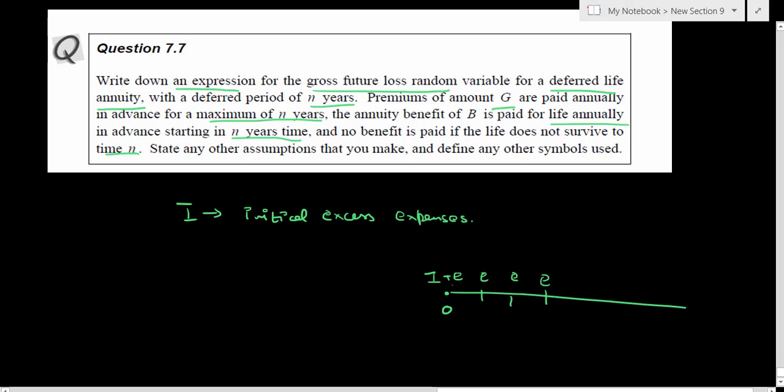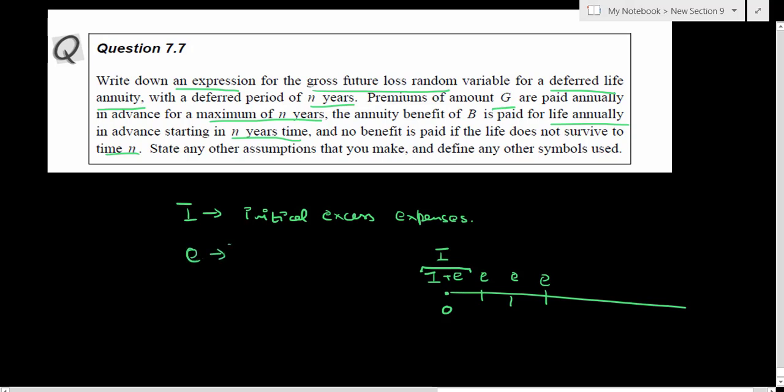Usually, in the notation we used so far, I was the total expense. This entire expense was denoted as I, but now they have denoted I as the initial excess expense. We can also use this. So we are taking I to be the initial excess expense.